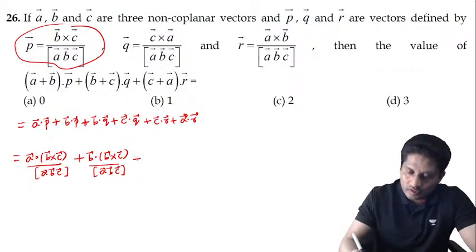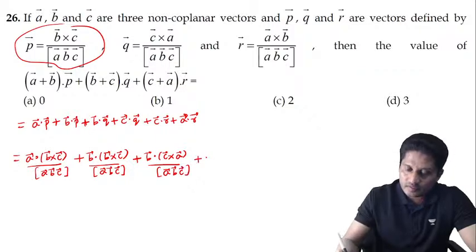Plus this is B dot Q. B dot Q will be equal to B dot with C cross A, and then this is box of ABC. And then plus C dot Q. C dot with Q will be equal to C cross A divided by box of ABC.